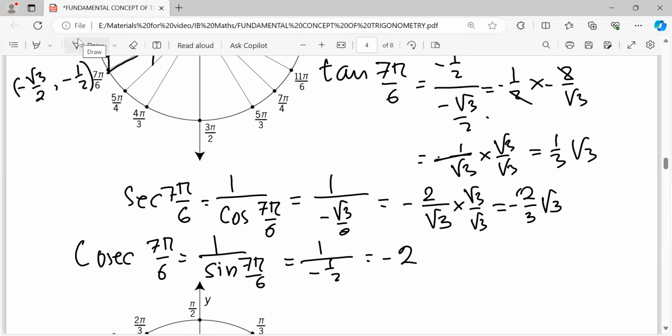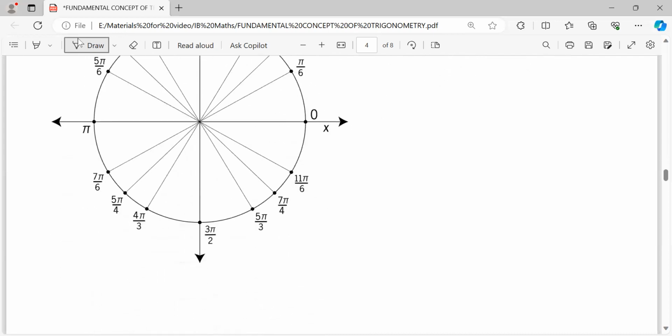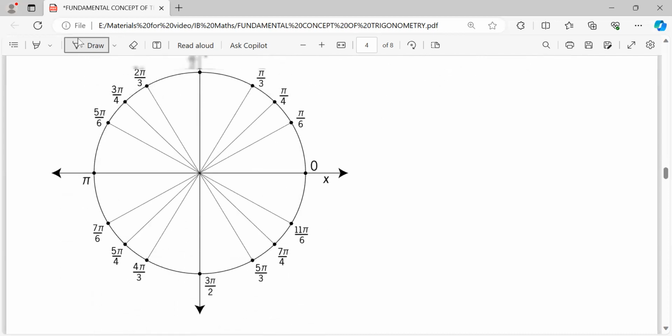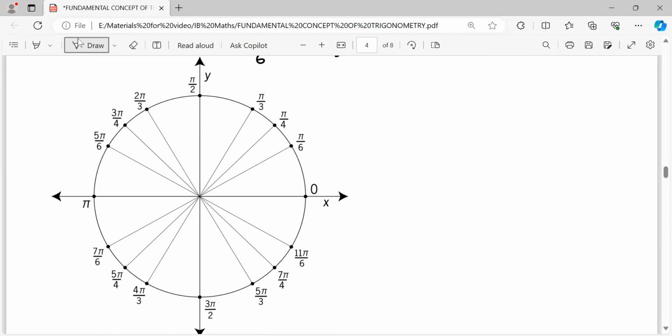We move to the next angle, 5 pi over 4. I'm going to create the triangle like this.